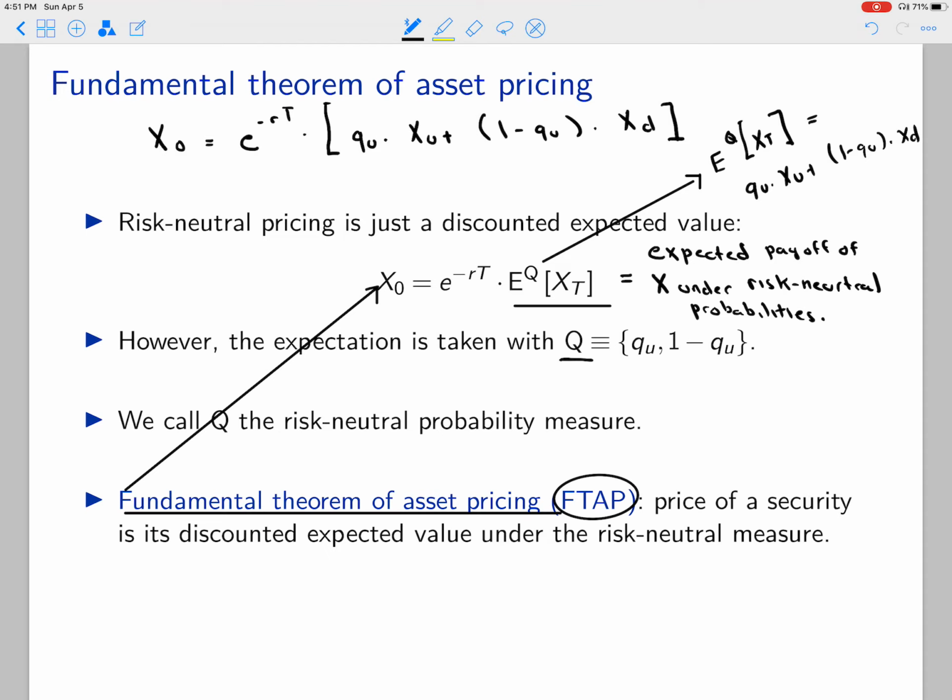The FTAP states that the price of any security is just its discounted expected value under the Q, or risk-neutral measure. Or mathematically, the price of any security x0 is equal to its discounted risk-neutral expected payoff.